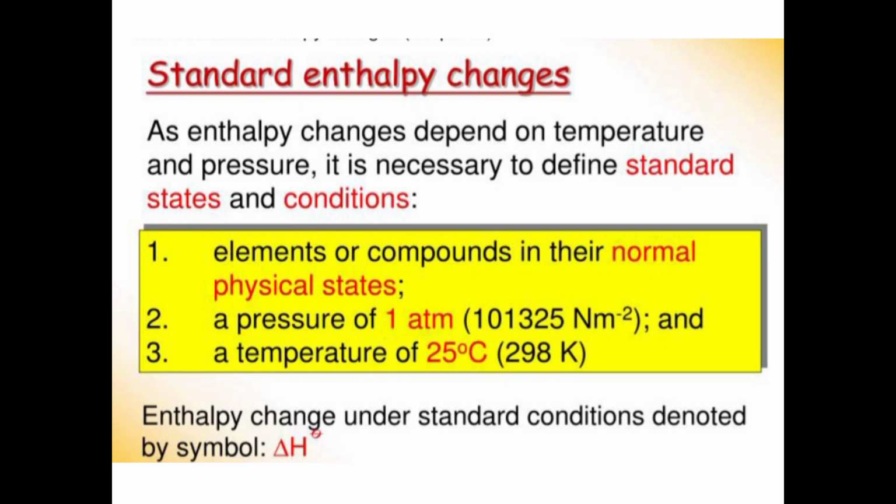So the conditions for a substance to undergo standard enthalpy change are that the elements of the compound must be in their normal physical state, there must be a pressure of 1 atm, and the temperature must be 25 degrees Celsius or 298 Kelvin. When enthalpy changes are under standard conditions, they are given as delta H theta, H to the power theta. This is standard enthalpy change.